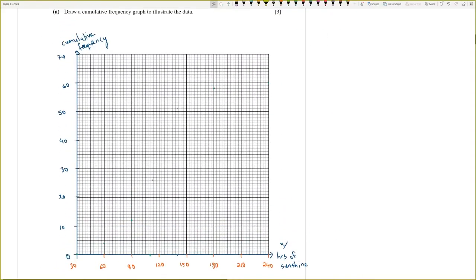So if you plot the graph, it's going to be something like this. Let me use different ink, honestly. Okay.